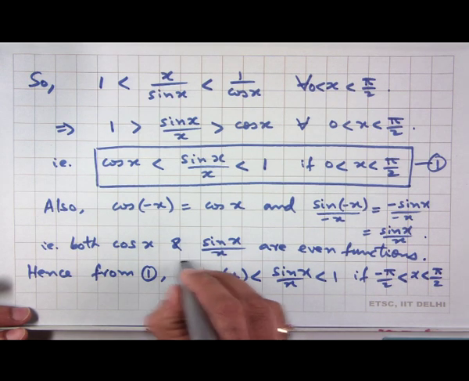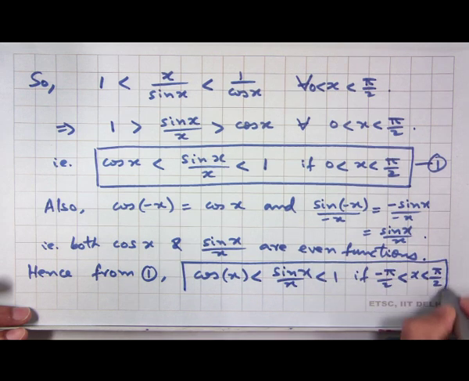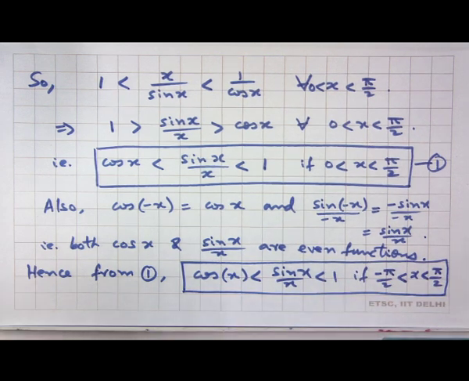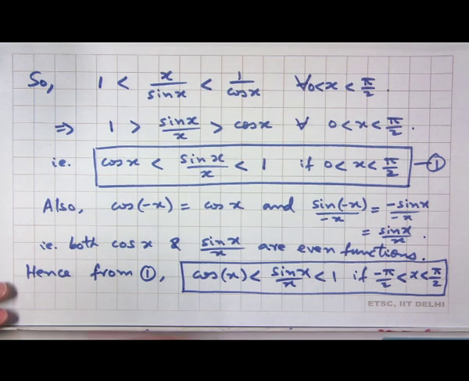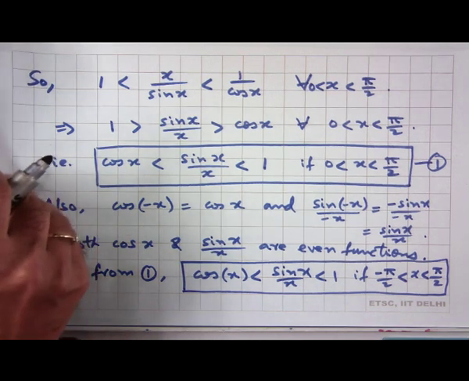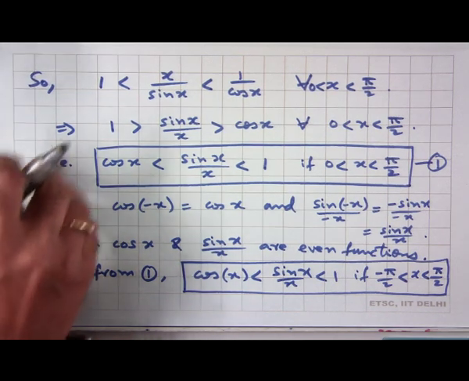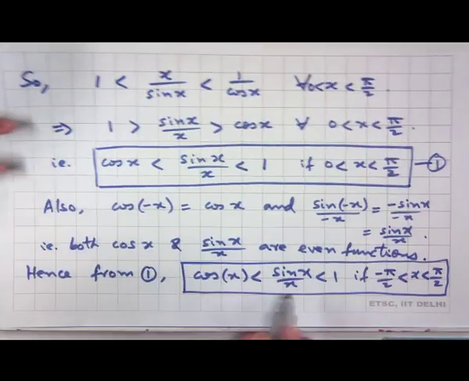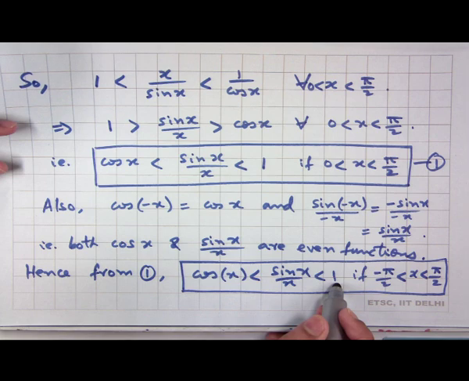Right. So, now we got an interval containing 0 in which we have this inequality that sin x by x is greater than cos x and less than 1. Now, we just need to know what is the limit of cos x and limit of 1 as x approaches 0.